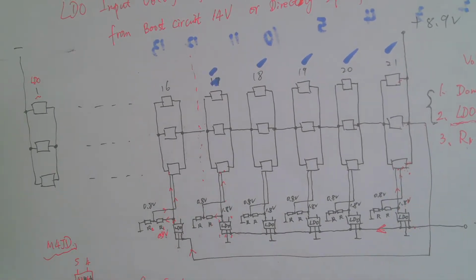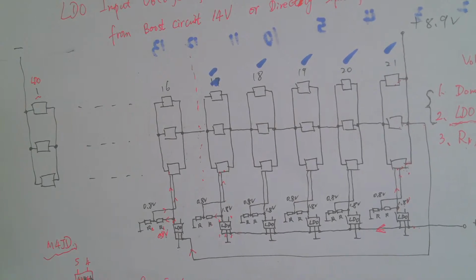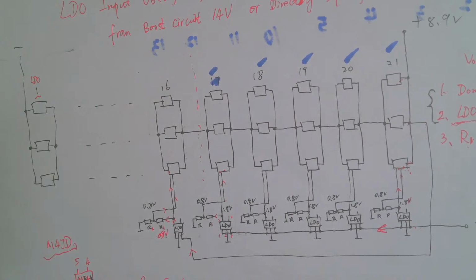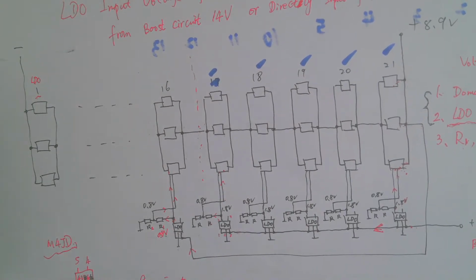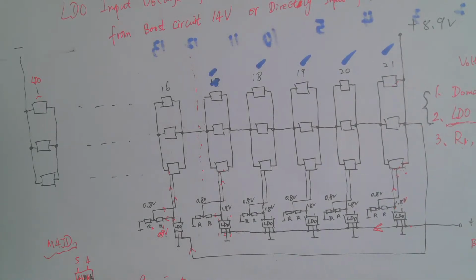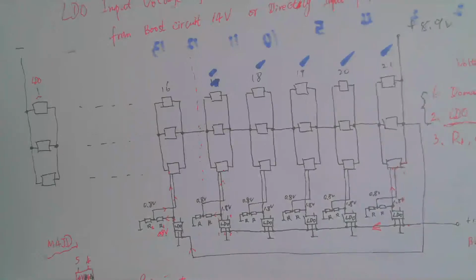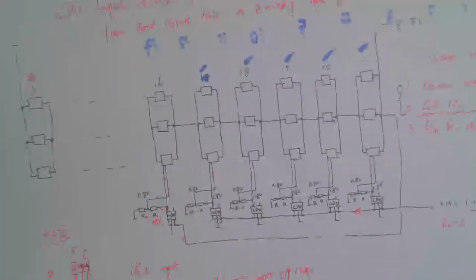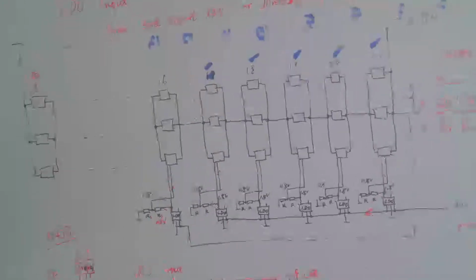Today we want to introduce the S9 chip circuit. Here you know there is 8.9 volt from the DC to DC circuit, transmitted to the whole hashboard, and this is the domain voltage.